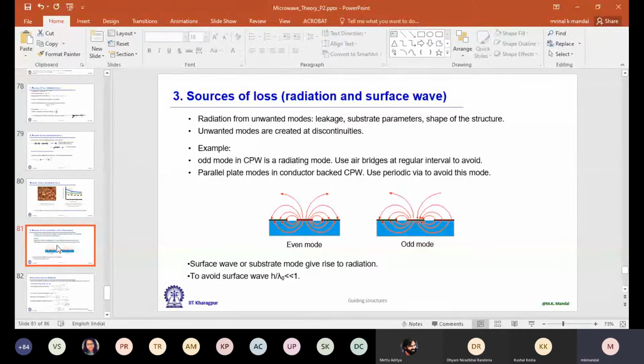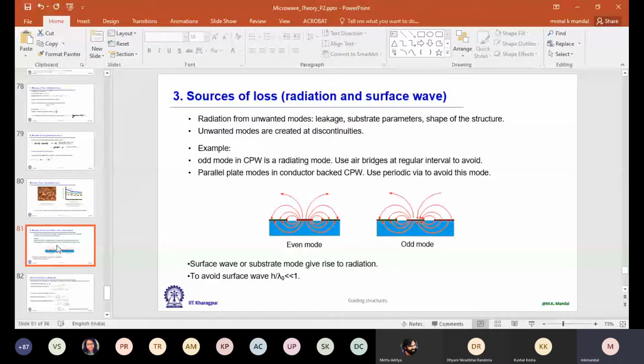Now, radiation comes mostly from unwanted modes. For example, in a microstrip line, the desired mode is the TEM mode, and we try to use only a single mode excitation. Otherwise, we face problems, and we discussed that different modes have different phase velocities.